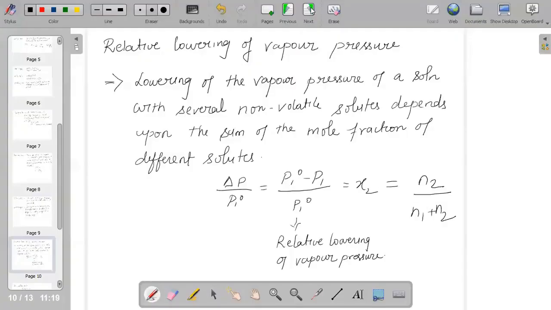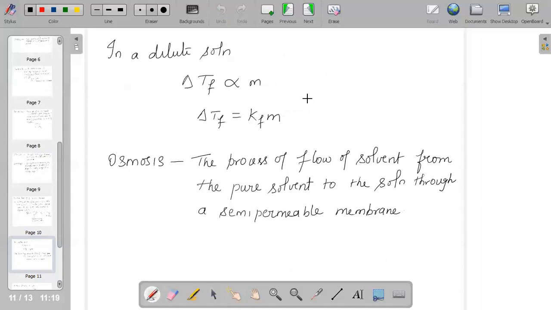And next we have to talk about dilute solutions. In a dilute solution, delta TF is directly proportional to m, or even we can say delta TB is directly proportional to m, that is the elevation of the boiling point of the solution, and here delta TF is the freezing point depression.